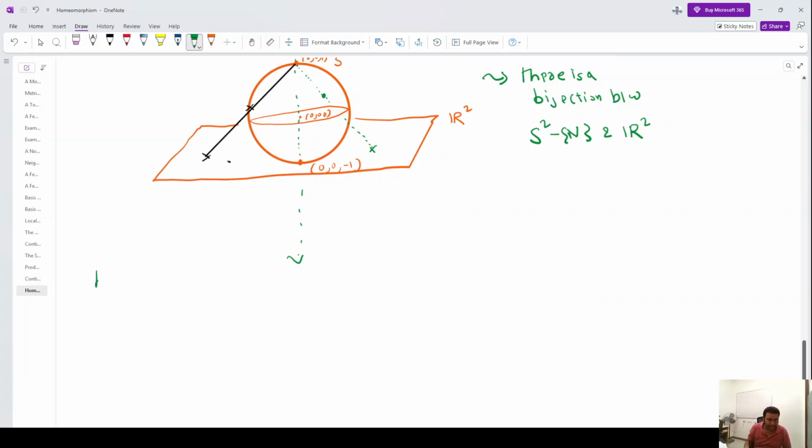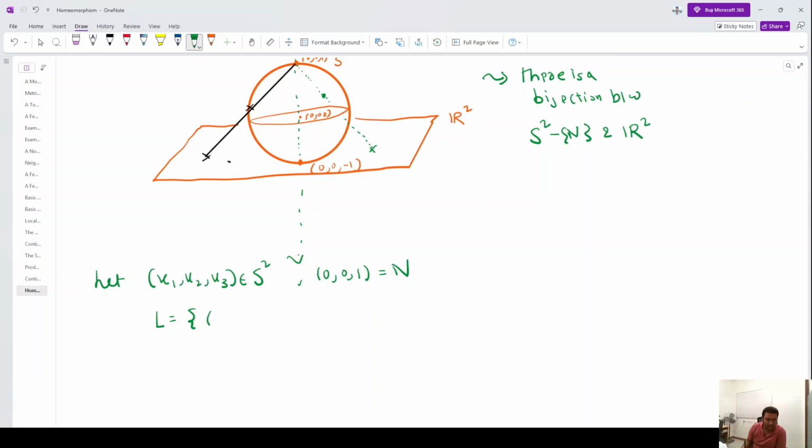So say you take a point on the sphere. Let x1, x2, x3 belong to S2. You have this North Pole already, 0, 0, 1. What will be the ray which emits from 0, 0, 1 and passes through this point x1, x2, x3?